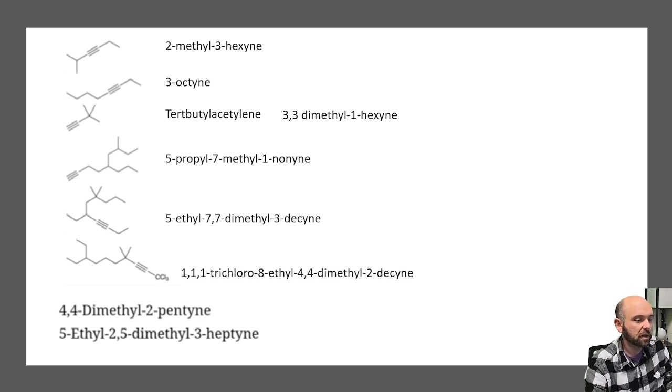So putting that all together, we come up with 1,1,1-trichloro-8-ethyl-4,4-dimethyl-2-decyne. And we put the chloro first because tri is not involved in alphabetization, and chloro comes before ethyl in alphabetical order. So we'll draw the last 2 examples down here.